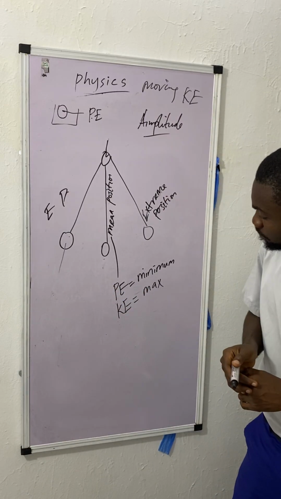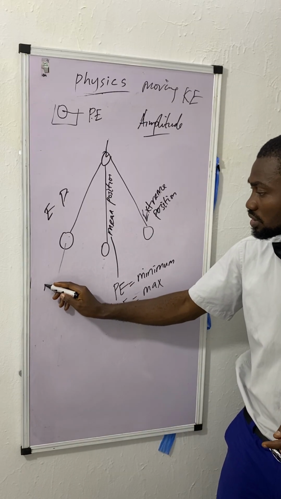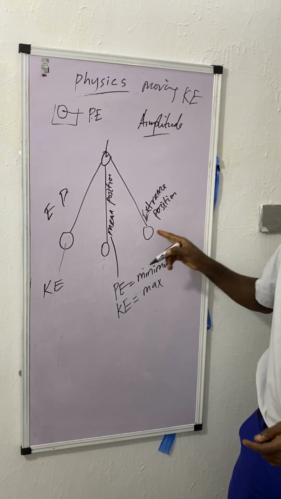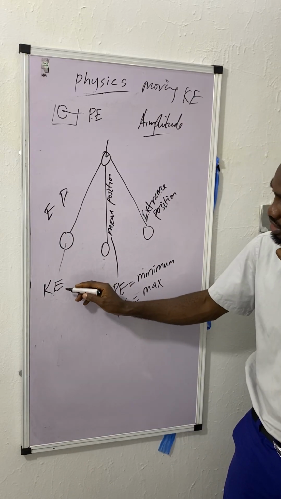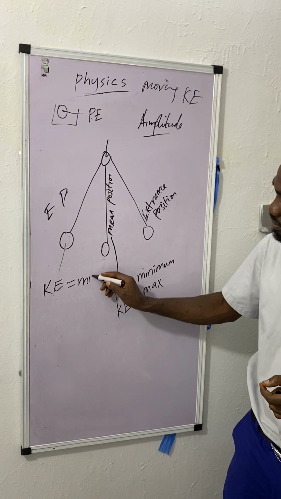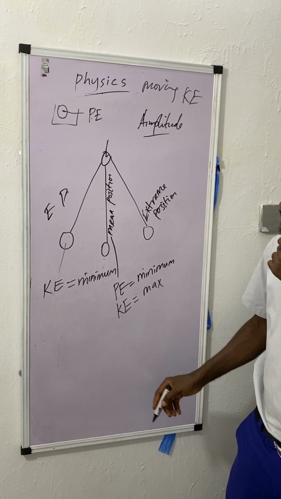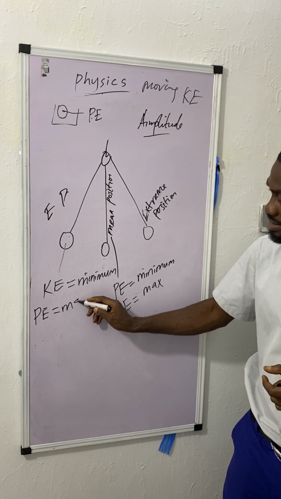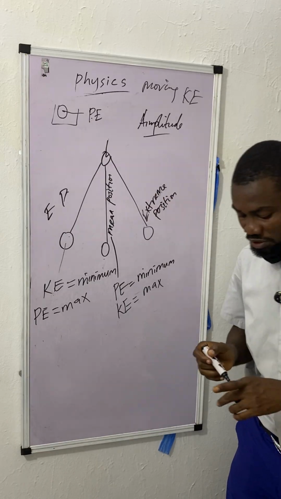So here, kinetic energy will be minimum, because this can either be the point of rest or the starting point. You notice the minimum kinetic energy here. The potential energy is maximum, remember, the energy by virtue of its position.